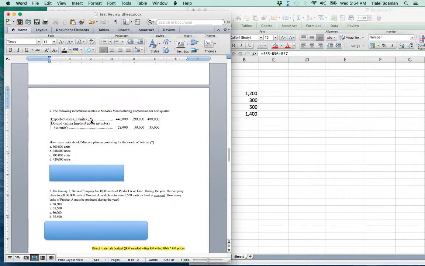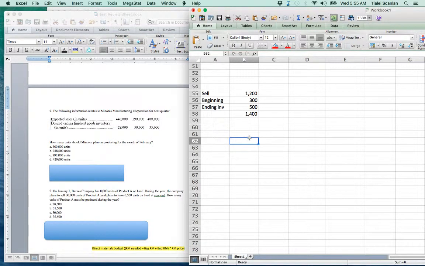Expected sales for February, they're expecting 390,000. I believe we can use the same formula. That's how many they're going to sell, so we need to have that amount. And they want a desired ending inventory of 30,000. So for sure we're going to need both of those.